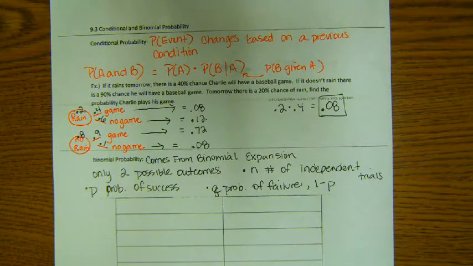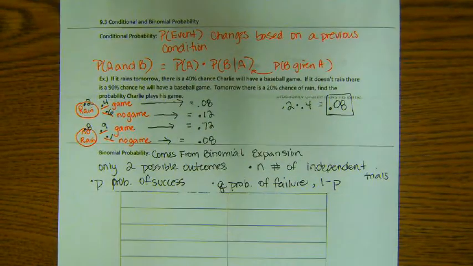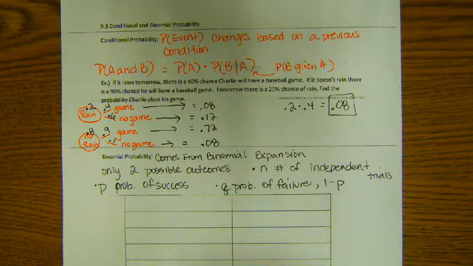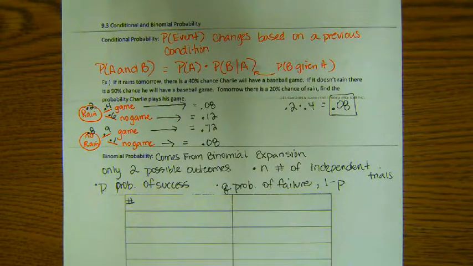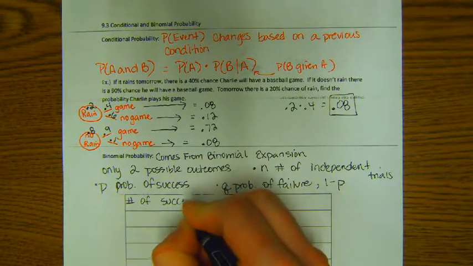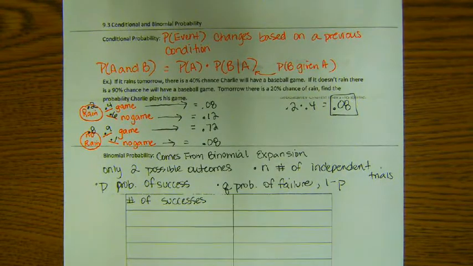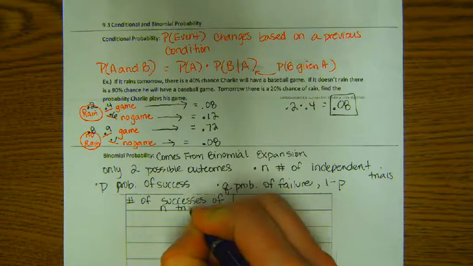Okay, so I have this chart for us to fill out, and then we're going to work on some. On this side, what this represents is the number of successes of n trials.